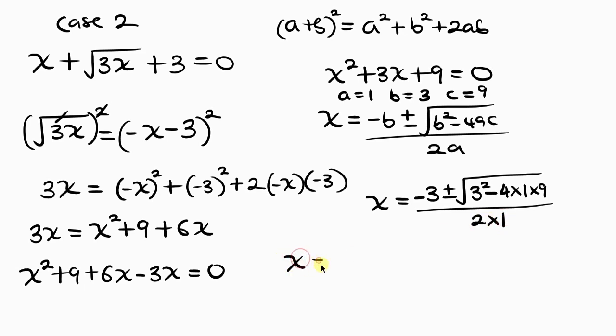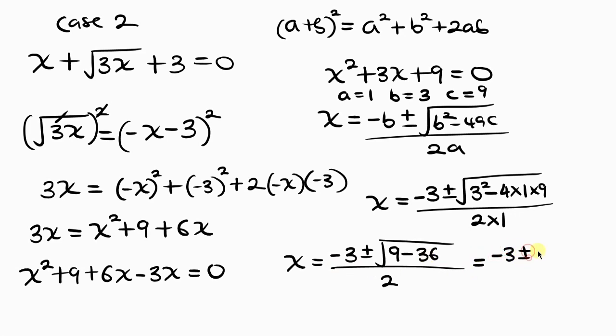So x becomes negative 3 plus or minus the square root of 3 squared is 9 minus 4 times 1 times 9 is 36. All over 2 times 1 is 2. So by simplifying further, we're going to be having negative 3 plus or minus the square root of 9 minus 36 is minus 27 all over 2.